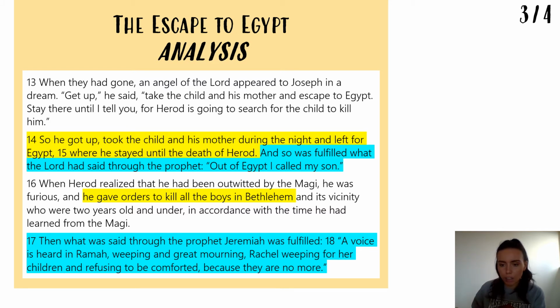Now, in terms of analysing this passage, again, I mentioned this in the first video, that prophecies, i.e. these Old Testament statements, can generally be analysed in 2 ways. One is a preterist interpretation, and that is where you say the Old Testament passage is talking about something that happened at that time.